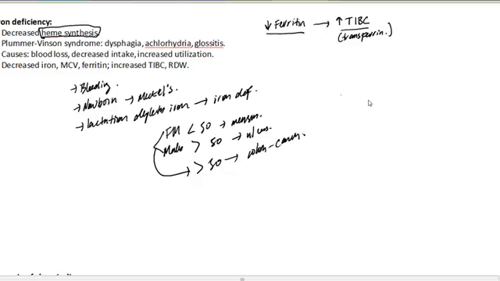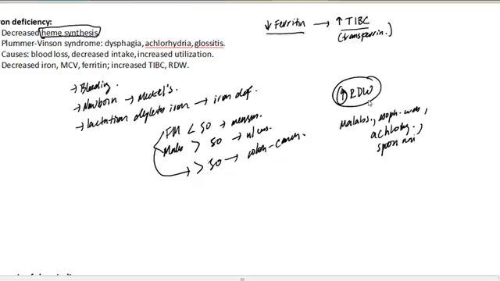What's the only one we have to know that has an increase in your RDW? That's going to be iron deficiency anemia, okay? The one we're talking about right now. If the patient has some type of malabsorption, they come in with an esophageal web, and they have achlorhydria, and they have spoon-like nails, this we know is Plummer-Vinson syndrome.